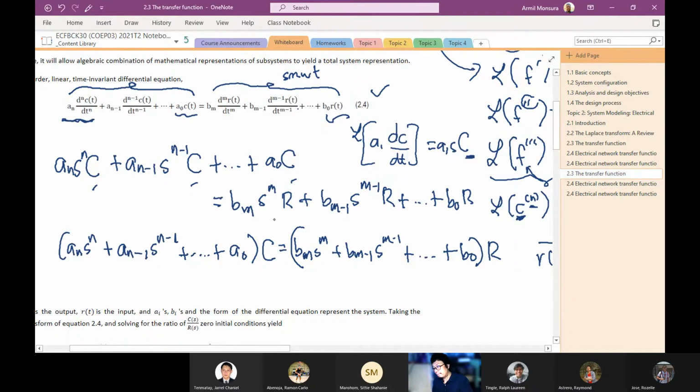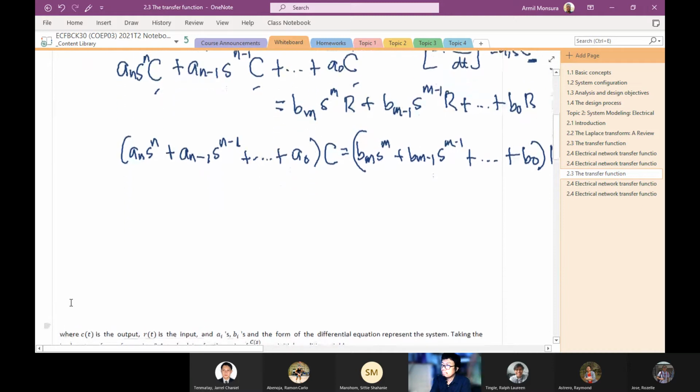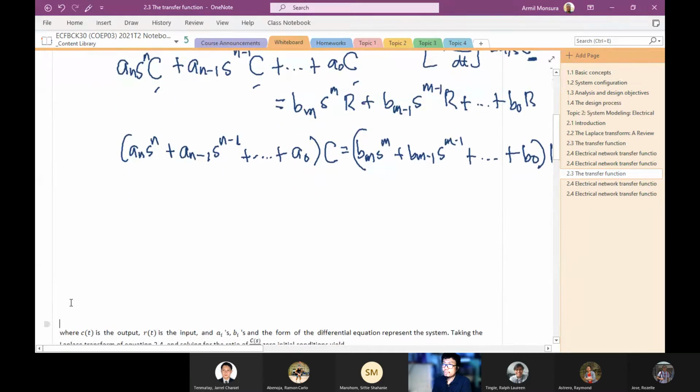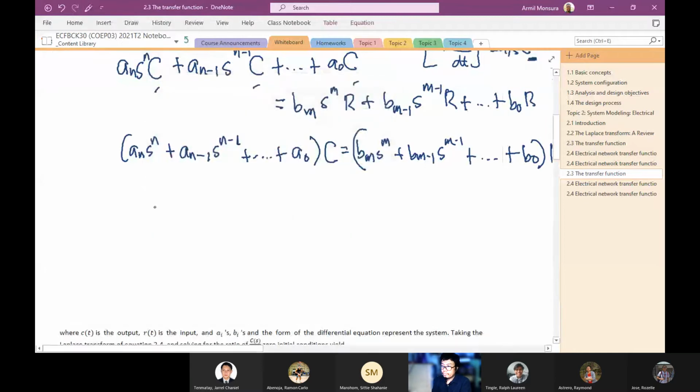Now, what I want to do after this is to actually solve the ratio. I would like to solve the ratio C over R. Gusto ko i-solve yung ratio na C over R na yan.